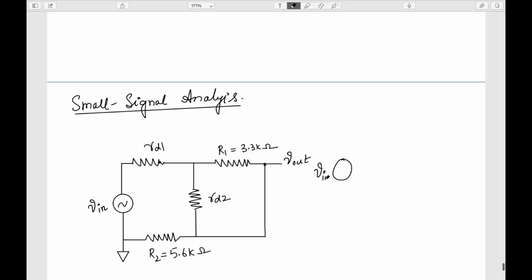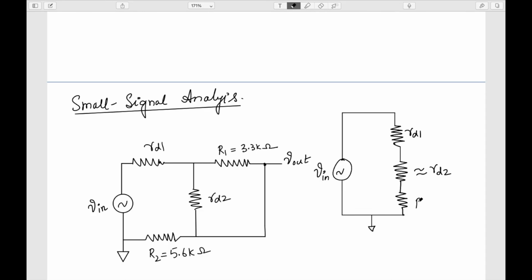So I have my V in here, this is my ground. Here I have RD1, and here of course R1 parallel RD2, but it will be approximately equal to RD2 only because RD2 is very small.